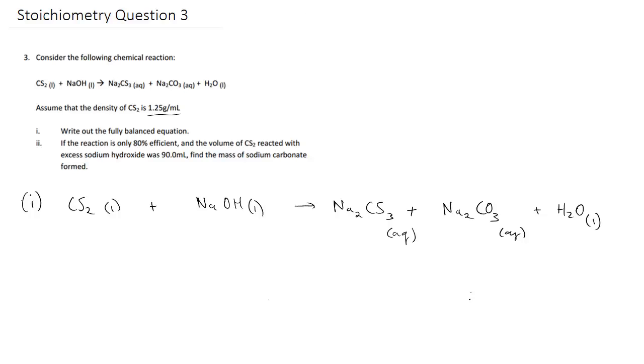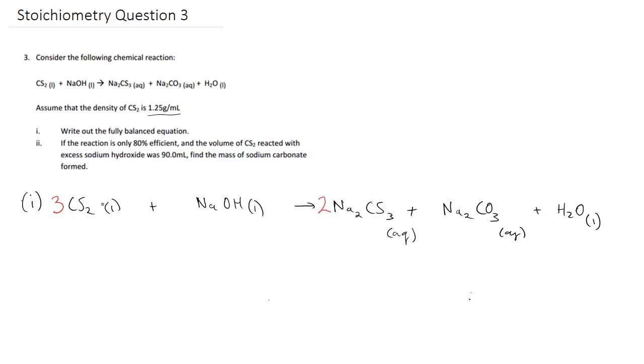Okay, so when we're balancing this, we might start off by putting a 3 in front of here, and that's because, well, a 3 in front of there, and then possibly a 2 in front of here.